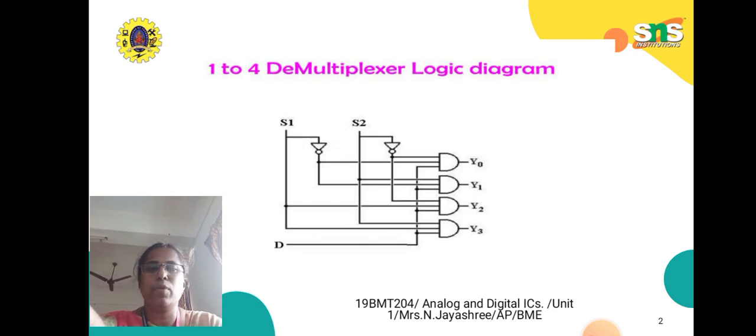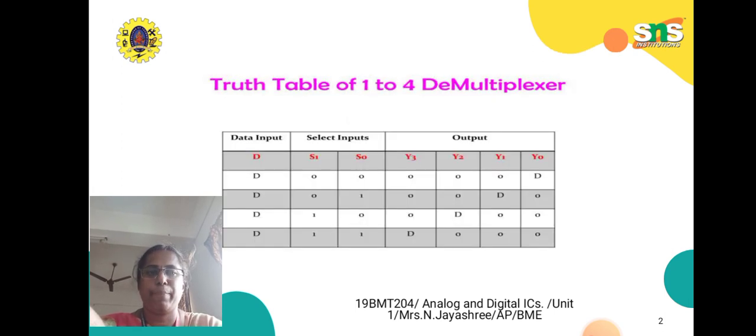For S1, S2 as 0 0, the output y0 will come. If it is 0 1, the output y1 will come. If it is 1 0, the output y2 will come. If it is 1 1, the output y3 will come. For all these outputs, you need to use the 2 select lines and 1 data line for all the inputs. This is the truth table for the 1 is to 4 demultiplexer.